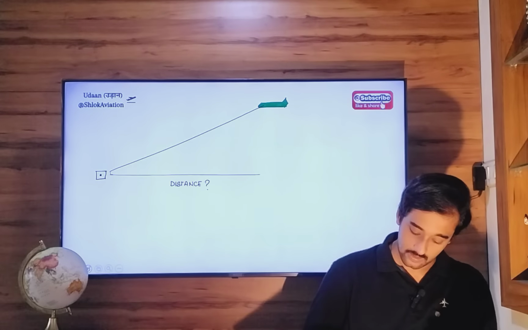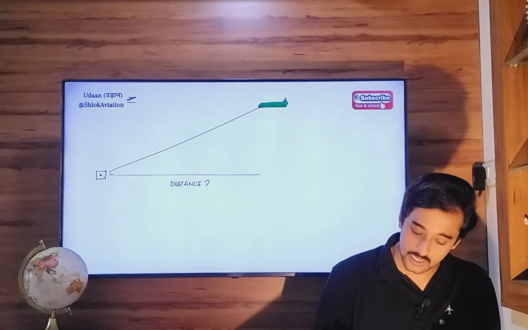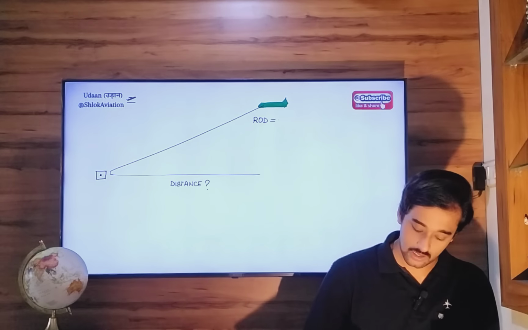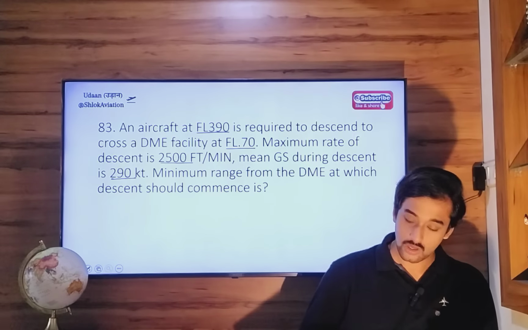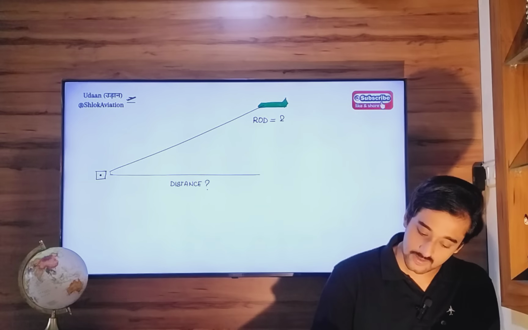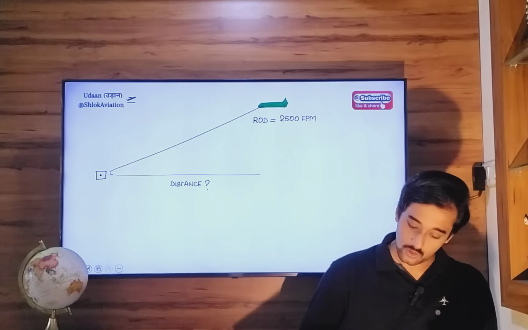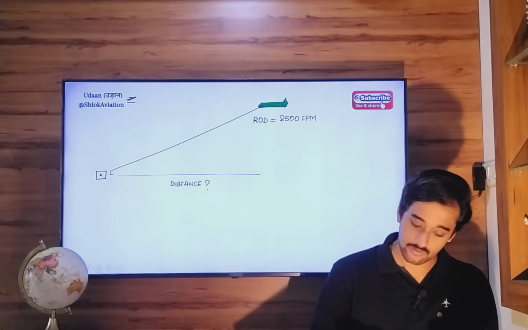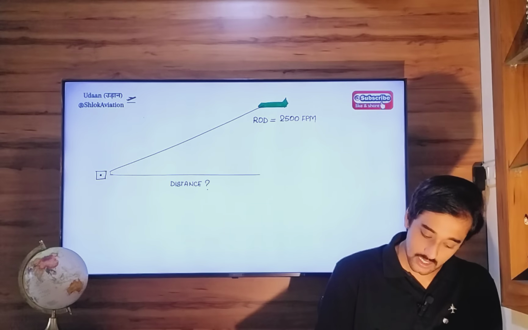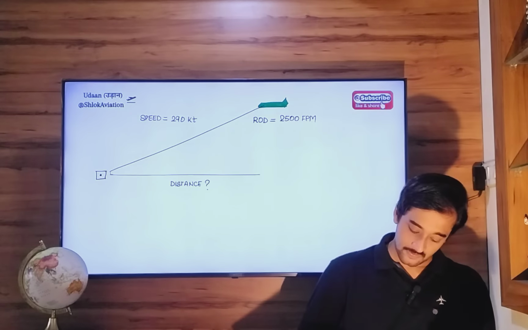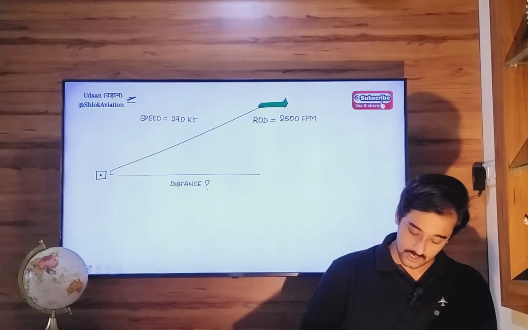Now your rate of descent is equal to 2500 feet per minute. The cruise speed or the descent speed of your aircraft is 290 knots.